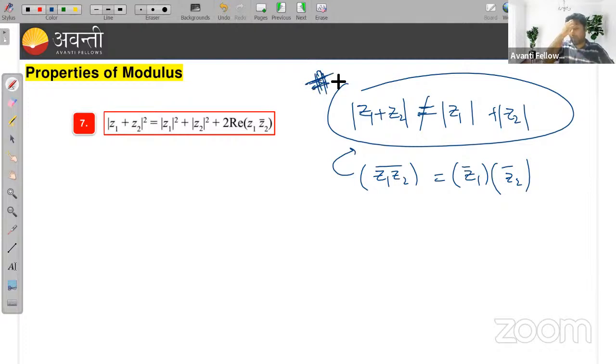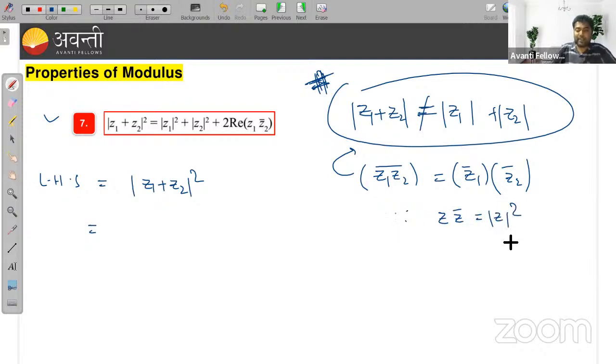Okay, so how can you prove this? If you take the left hand side, which is modulus Z1 plus Z2 square. We know another property, since Z into Z bar gives you mod Z square. Reversely, we can write mod Z square is equal to Z into Z bar.